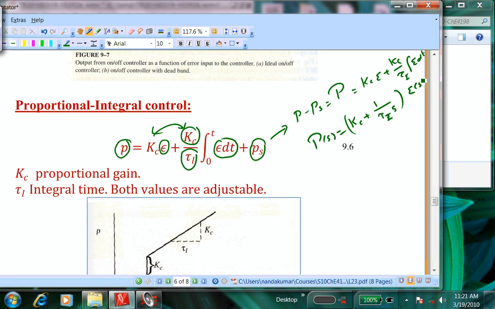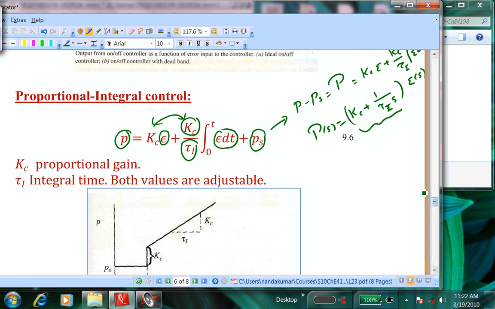Okay. Because the Laplace transform of a constant plus the Laplace transform of the integral. Integral is 1 over S. Okay. So this would be the transfer function for a proportional integral controller. And this tau I is just defined as an integral time, but it's basically a parameter that controls how the integral response is. Any questions on that?